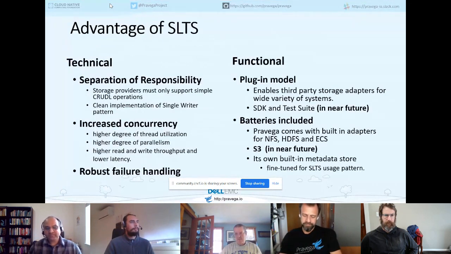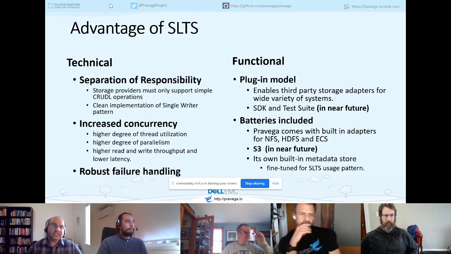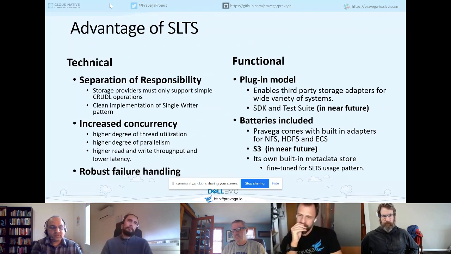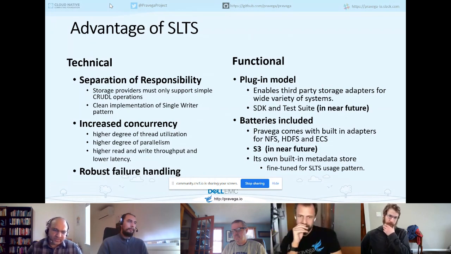So in short, I went through a lot of slides and talked about a lot of things, but what I want us to remember at the end is there is a certain reason why we wanted to do SLTS. There were certain problems we needed to solve with SLTS. Here are the advantages of SLTS. From a technical point of view, we are clearly separating the responsibility.